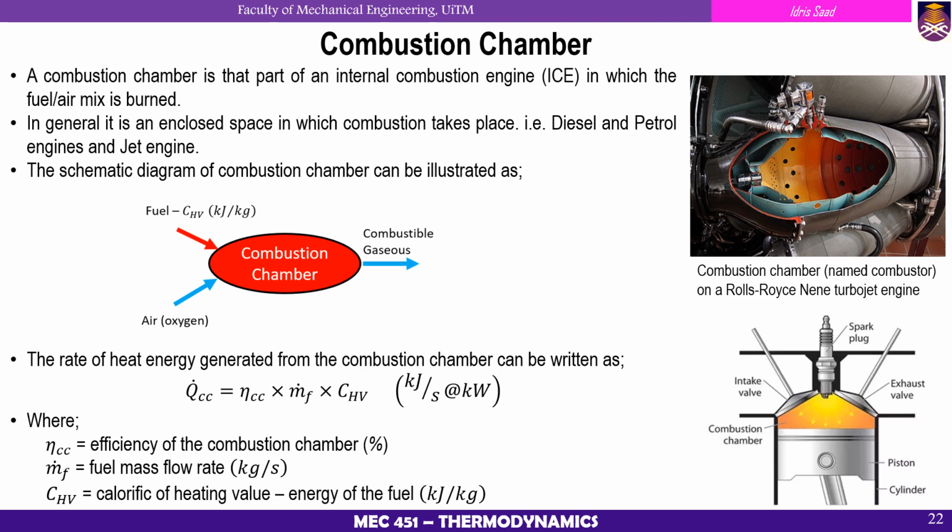The burning process converts the chemical energy in the fuel into heat energy, and finally it is converted into a rotating shaft. In general, it is an enclosed space in which combustion takes place, for example the diesel and petrol engine as well as the jet engine.